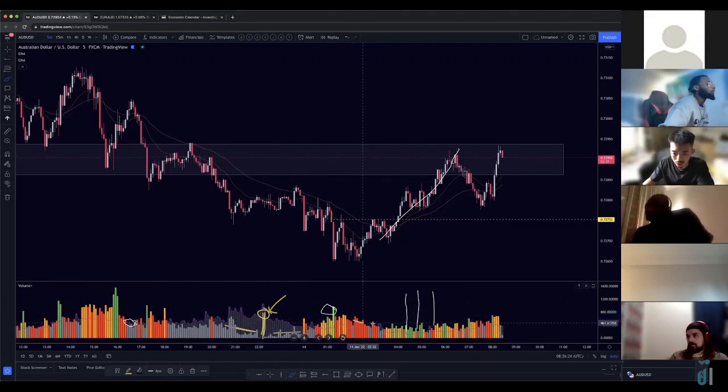But if there's decent enough volume, say like this, this would be a concern. So this one here would be a concern because it's not a spike, it's gradually increasing along the way.